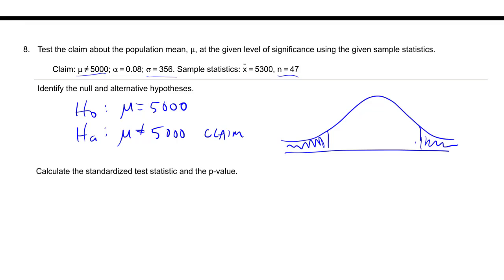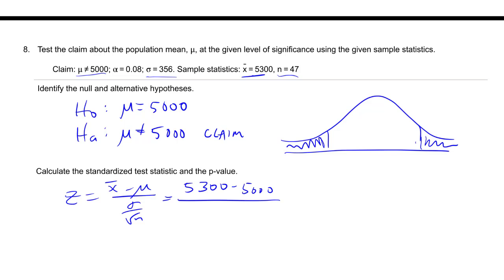But I have to figure out what the z values are. So again, our z would be x bar minus mu over sigma over the square root of n, or in other words, 5,300 given minus the mu of 5,000 given over sigma 356 over the square root of 47, the n given, all given.